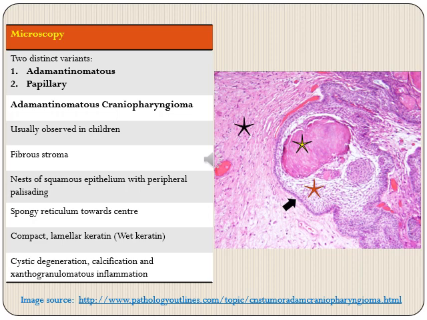So this is the appearance of adamantinomatous craniopharyngioma, with nests of squamous epithelium, a spongy reticulum toward the center, and compact lamellar keratin, also called wet keratin. These tumors can also have degenerative changes like cystic degeneration, dystrophic calcification, and xanthogranulomatous inflammation.